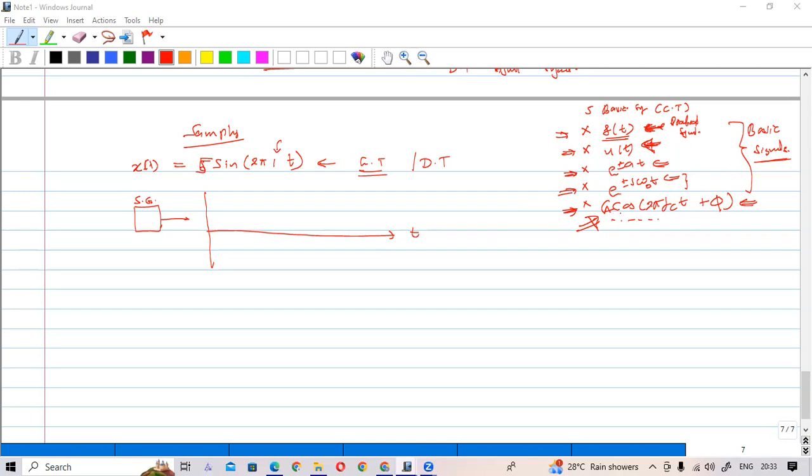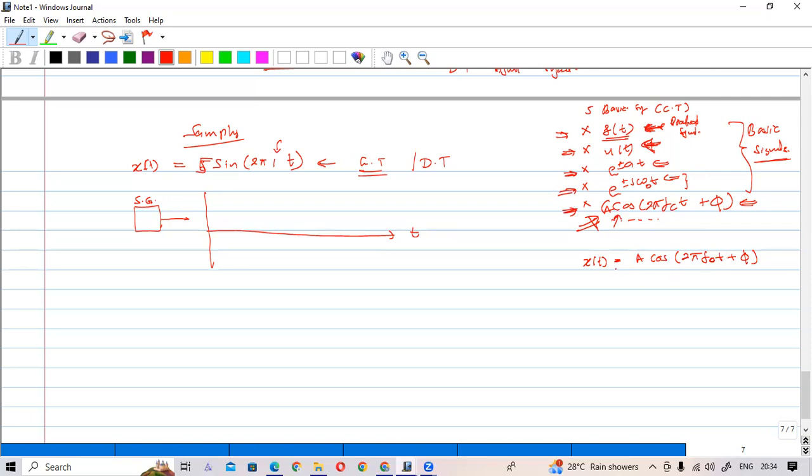Okay, so this is the basic format of the sinusoidal signal, cos(2πf₀t + φ).